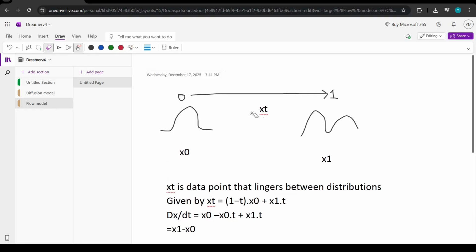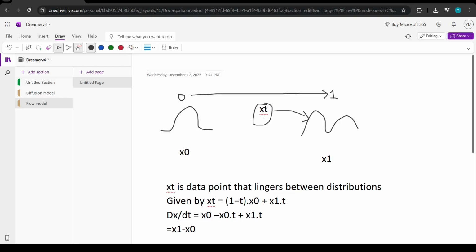So in the flow model, we have the same Gaussian distribution, and here we have the same image distribution. But in the flow model, instead of trying to predict the noise, it tries to predict the velocity at any given point. So let's say our data is here right now, and it tries to learn how to go from this xt to this x1.